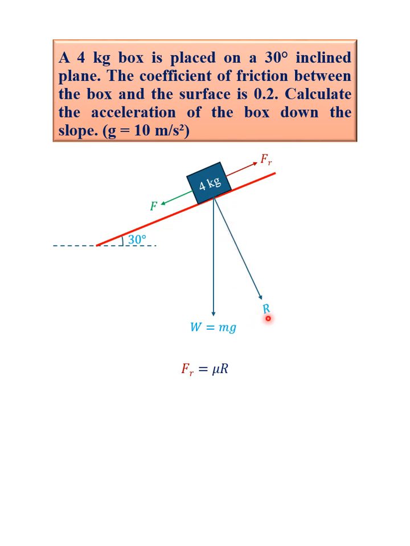We need to know the value so we can forge ahead by solving for the frictional force. Even if we don't know the value, let us write a formula for R. Looking at this figure, you would have seen that this inclined surface was rotated through 30 degrees. Definitely, this R must have been rotated through 30 degrees as well.